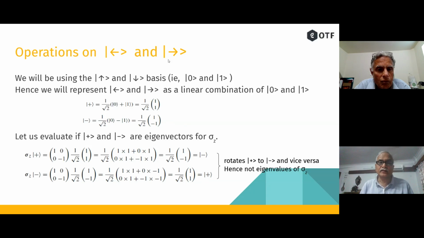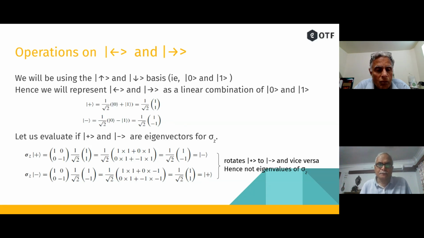We will first represent the left arrow and the right arrow in terms of ket 0 and ket 1, because our focus is on ket 0 and ket 1, and I have sigma z, which is now the actual operator. We will use the same sigma z operator and operate on the left arrow and the right arrow.